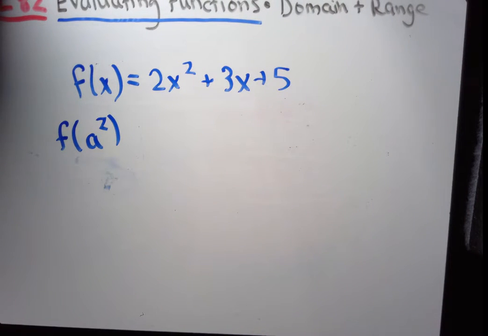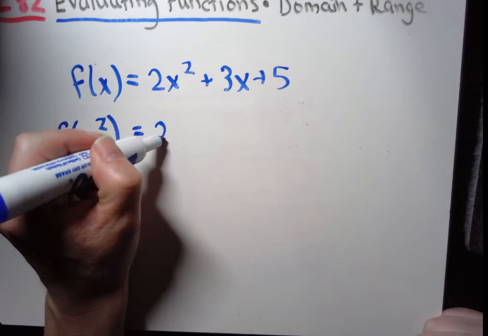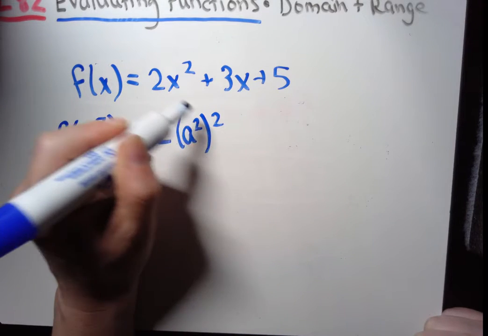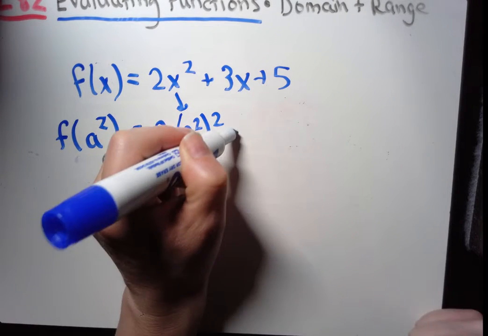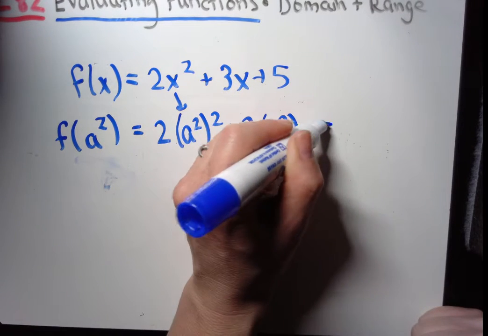So to find f of a squared, I'm going to do the same thing, just replace every x with the a. So 2, instead of x, I'm going to put a squared, and then I have to square it again because I just replaced the x, plus 3 times a squared, which is my input, plus 5.